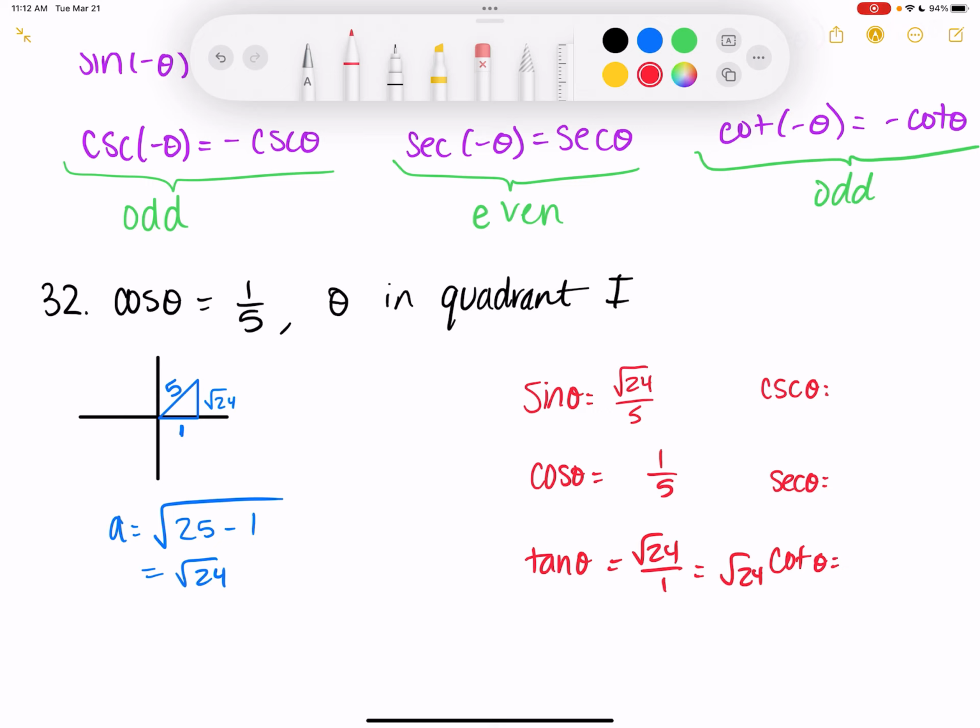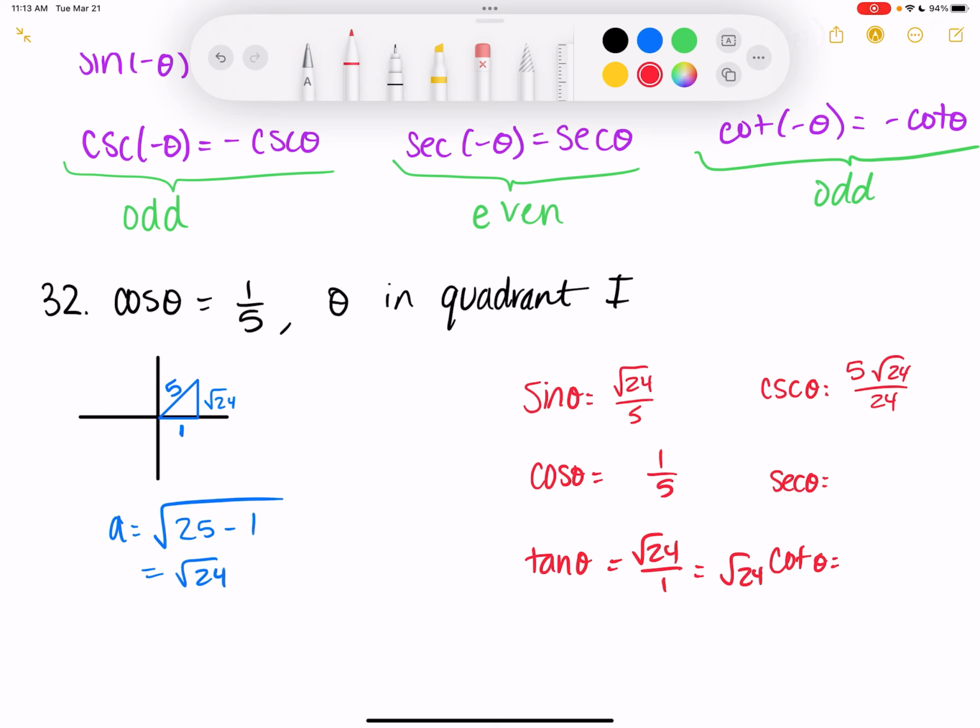So then cosecant would be what? Square root of 24 over 24. So remember, we can't have a radical in the bottom, so multiply by square root of 24 over the square root of 24.